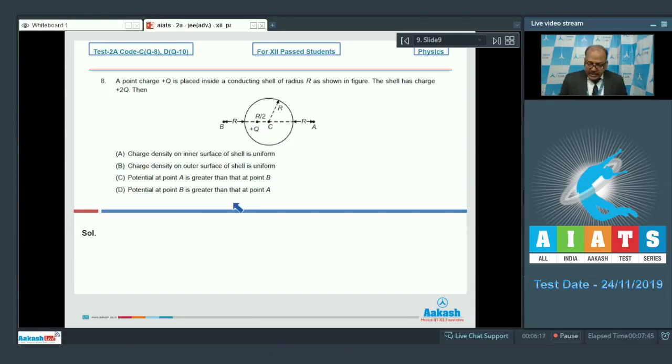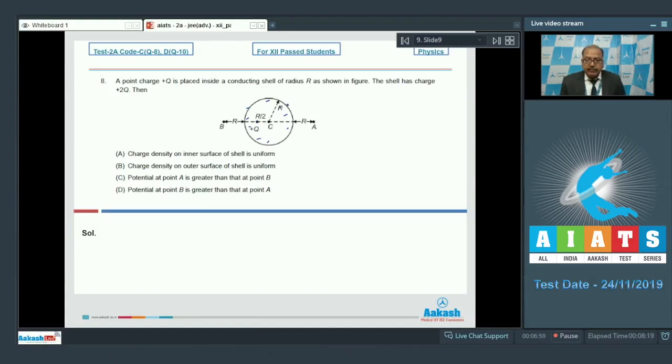So it means the net charge of minus Q is induced on the inner surface of the shell, but it will not be uniform. The charge distribution on the inner shell will not be uniform, because the induced charge density will be greater at points closer to Q, and so it's non-uniform.